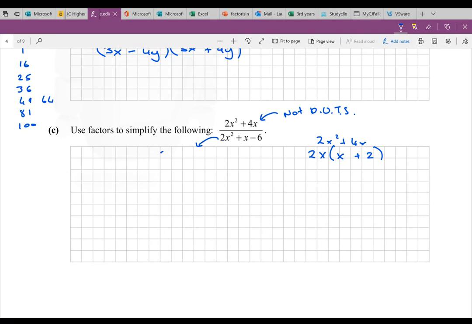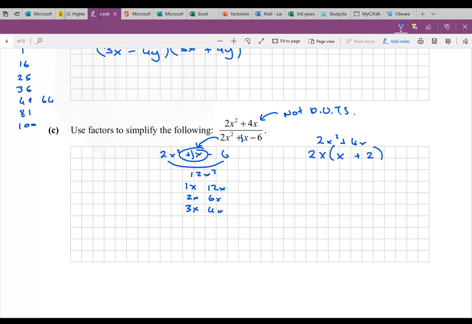Okay, 2x squared plus x minus 6. 2 by 6 is 12x squared. I have 1x and 12x, 2x and 6x, 3x and 4x. And remember, I'm looking for plus 1x. If there's nothing in front of it, then it is just 1.